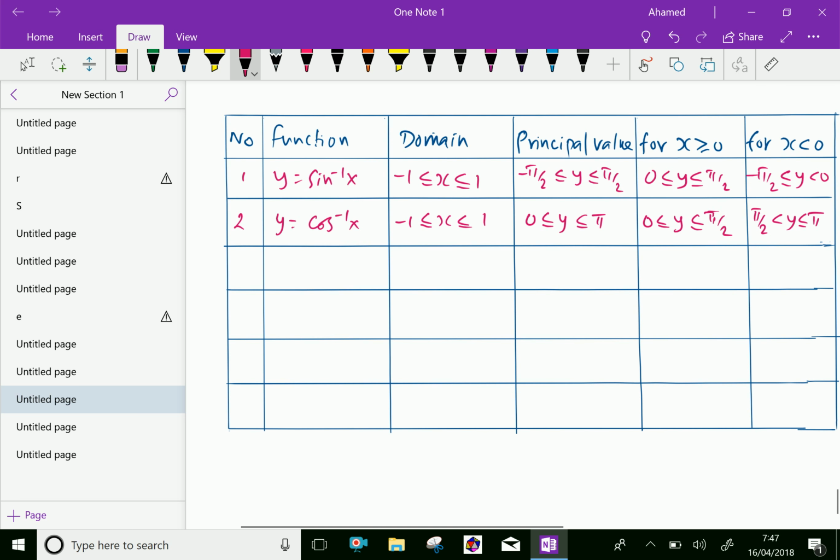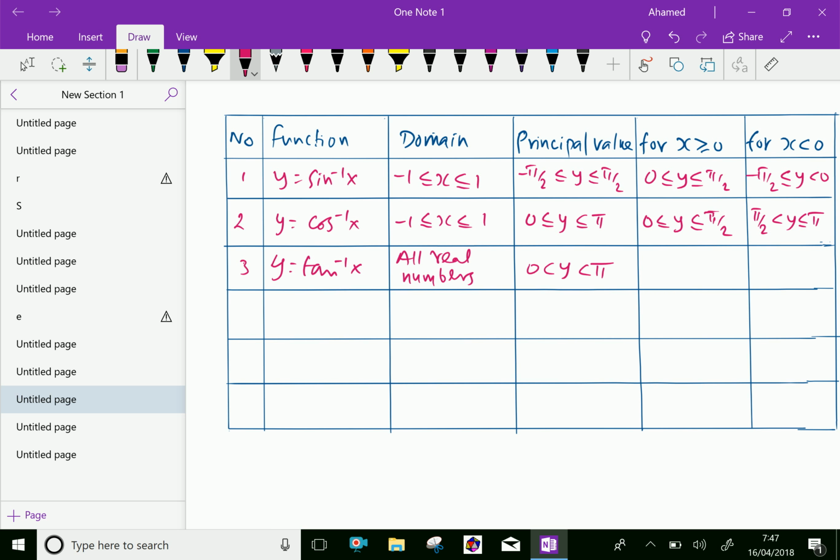Now tan, y equal tan inverse x, for all, domain is all real numbers. Then principal value is 0 lesser than y, lesser than pi.